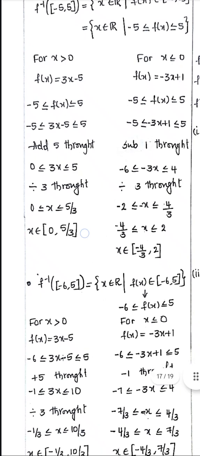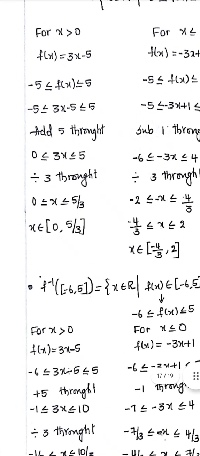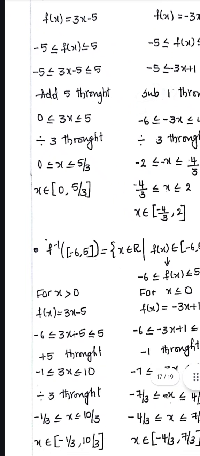So we will have minus 5, 3x minus 5, then 5. Add 5 on both the sides to remove 5 in the middle. So 0 less than or equal to 3x less than or equal to 5. Then divide by 3 to make it x only: 0 less than or equal to x less than or equal to 5 by 3.